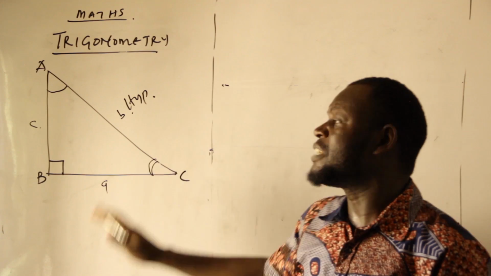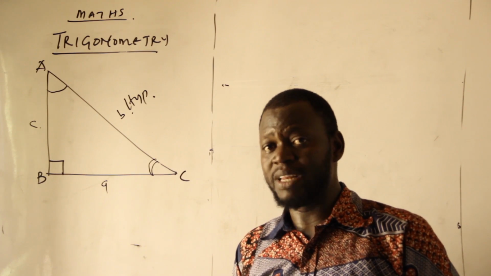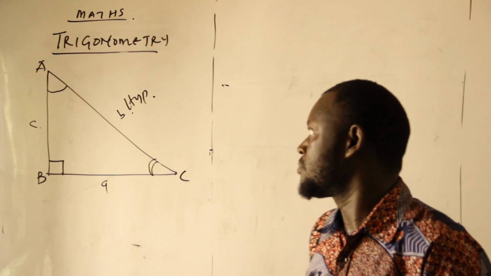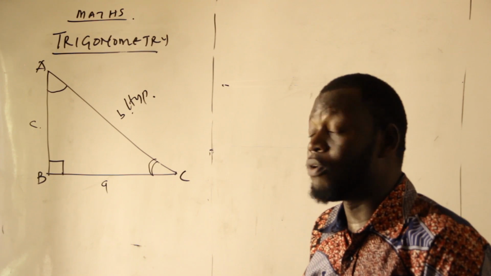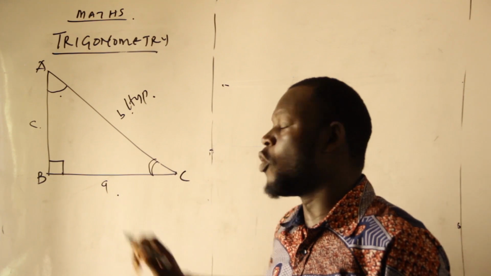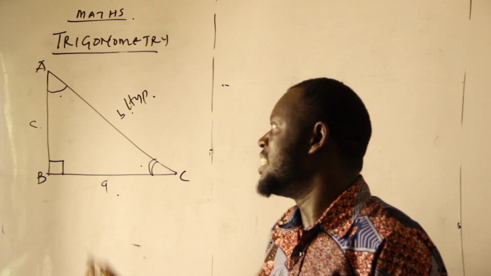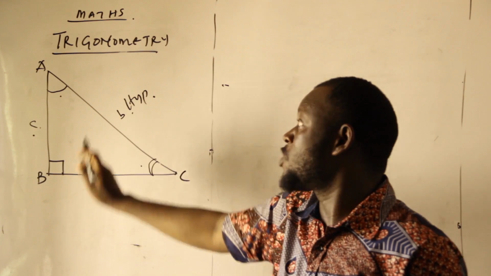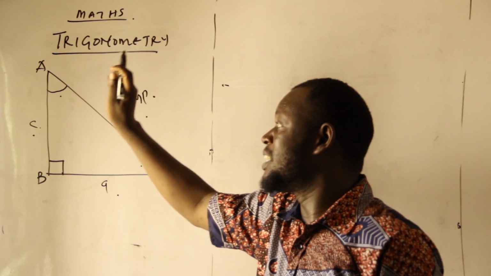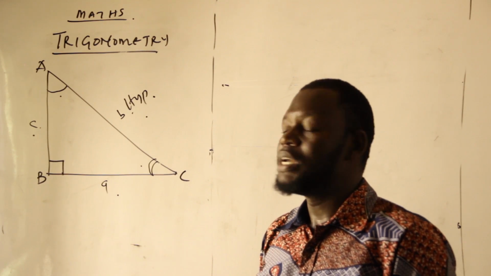If you have been able to identify your hypotenuse, then opposite and adjacent will be easier. Opposite depends on the angle you are looking for. If you are solving from this perspective, then this will be your opposite. If you are solving from this perspective, then this will be your opposite. Once you have your hypotenuse and your opposite, the third one will definitely be adjacent.